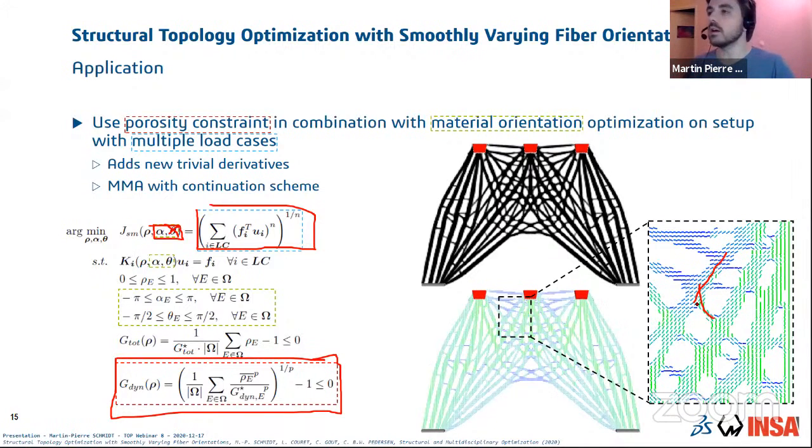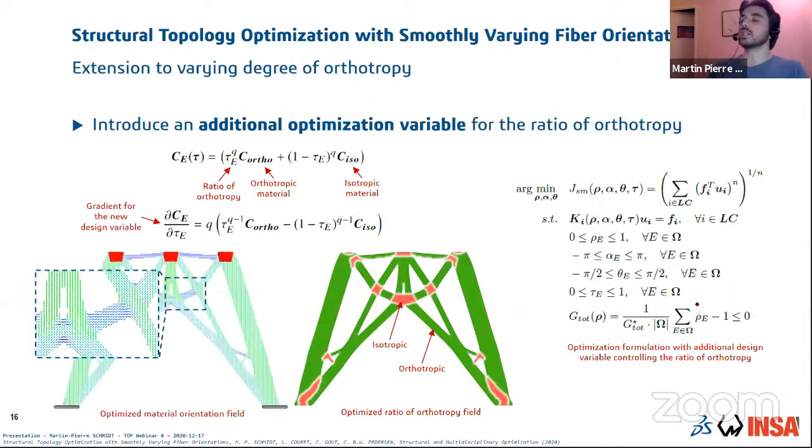And finally, we look at a small extension of this approach, where we introduce yet another design variable here, tau. And this design variable will basically be acting as a ratio of orthotropy in the optimization problem. So what we do is we define the constitutive material as an interpolation between an orthotropic and isotropic material.